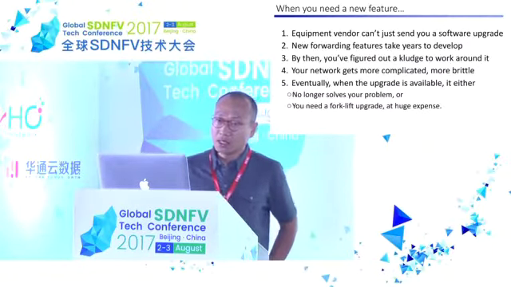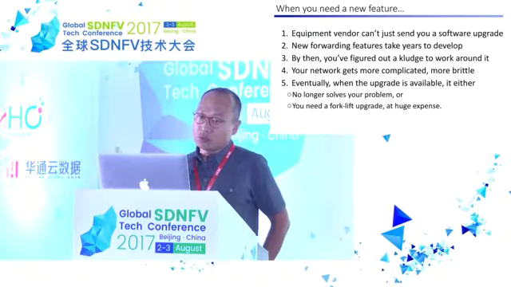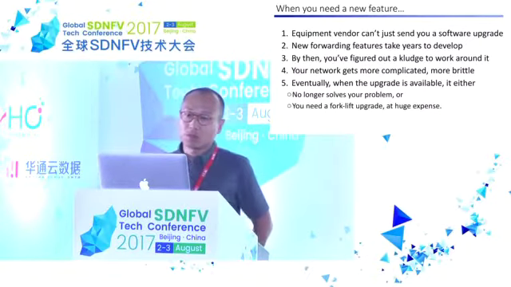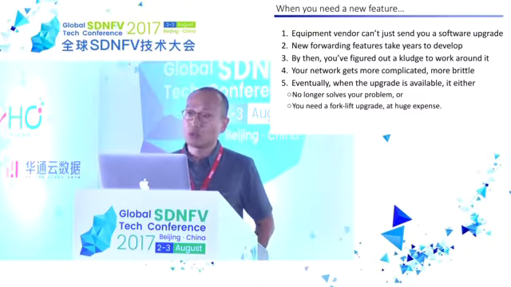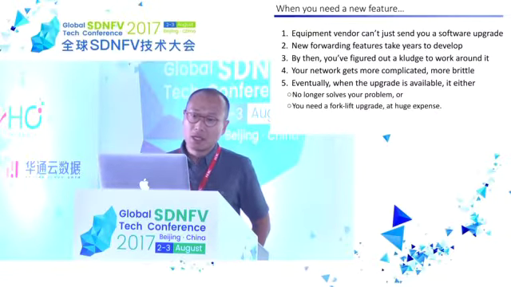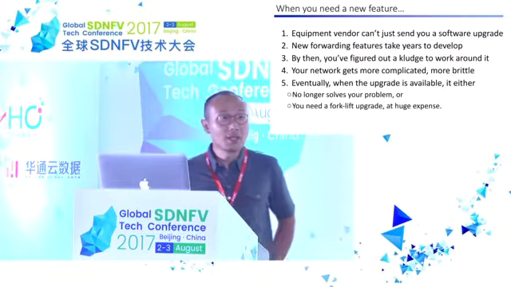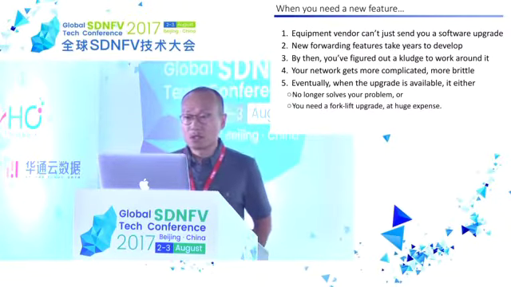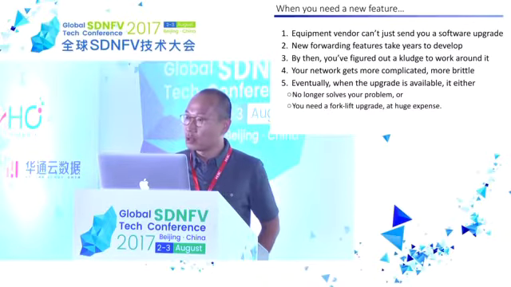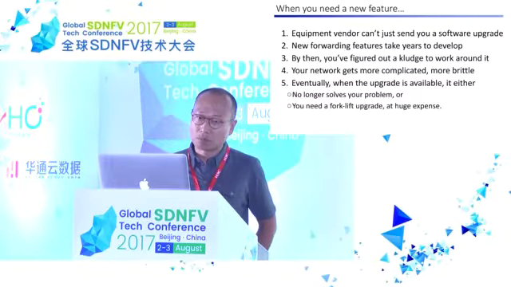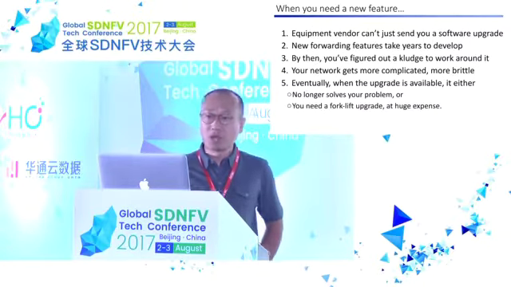Unfortunately today, you can't just get a new feature because equipment vendors cannot just send out new software patches or upgrades. And new forwarding features take years to develop. And by the time you have secured the solutions, you probably have come up with some kludgy way of getting around the problems, and your network has gotten even more complicated.